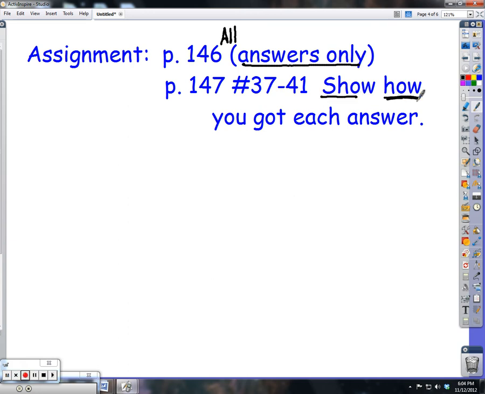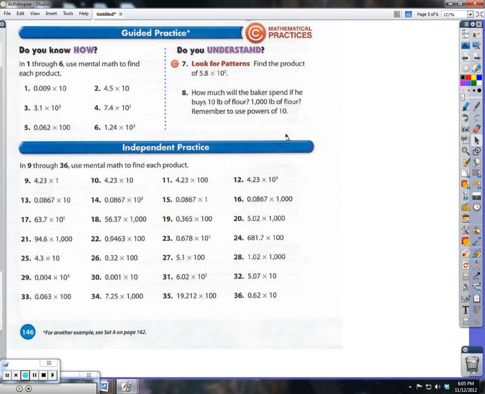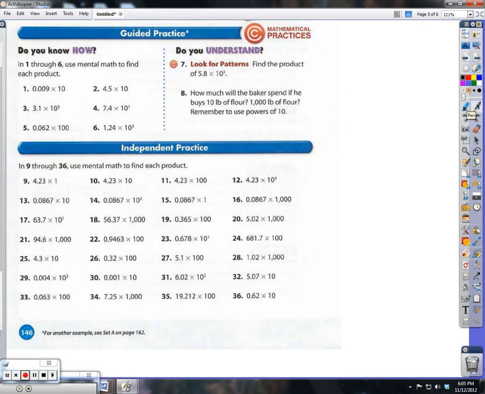Show how you got each answer. Don't just put an answer on your paper. Okay, so over on page 146, here's page 146, and you're going to do all of them. Now, I'm going to move my paper up a little bit. So let's say this is your notebook paper right here.